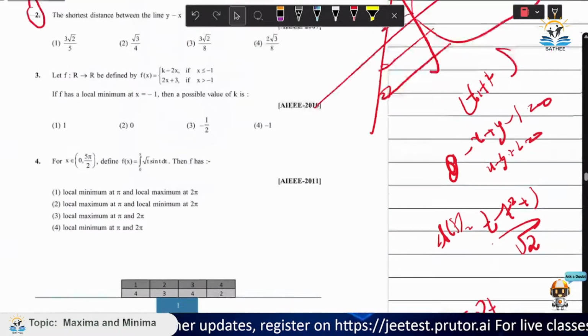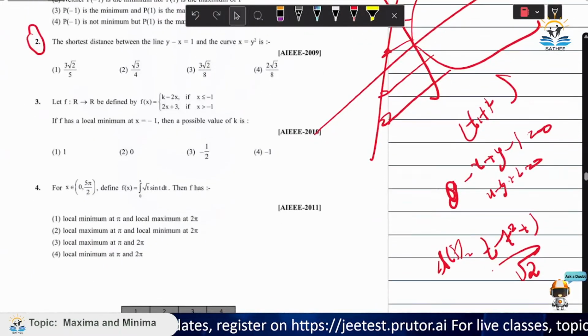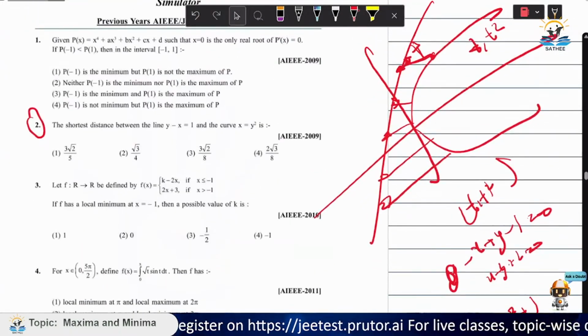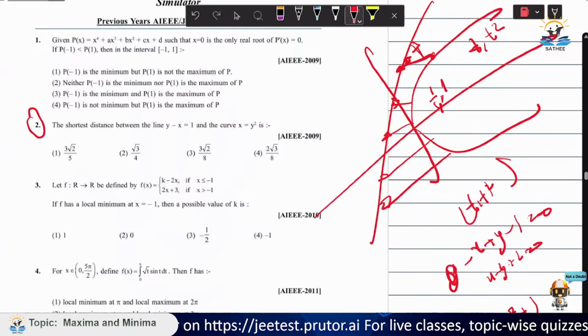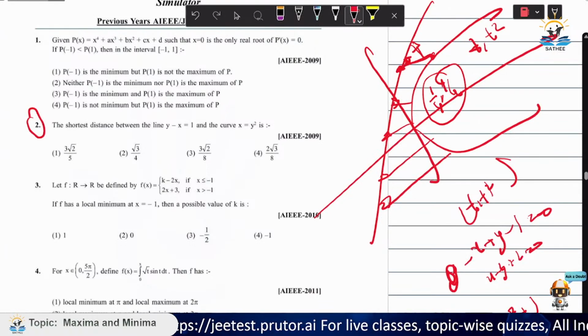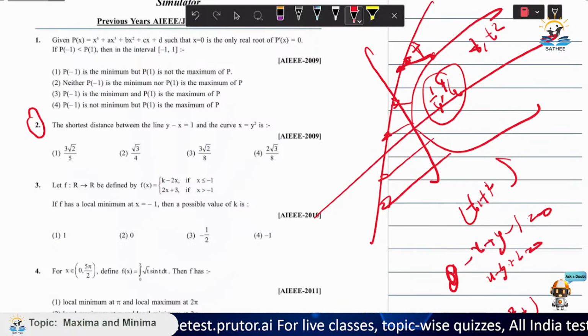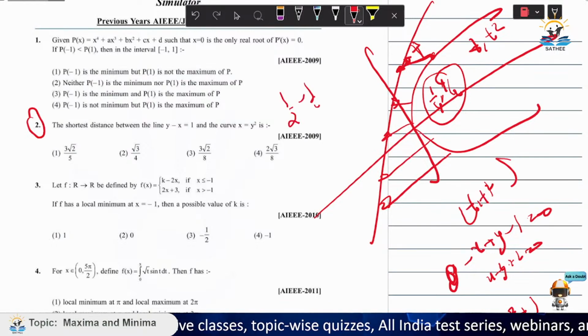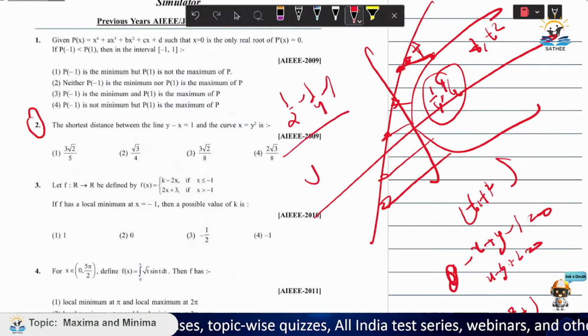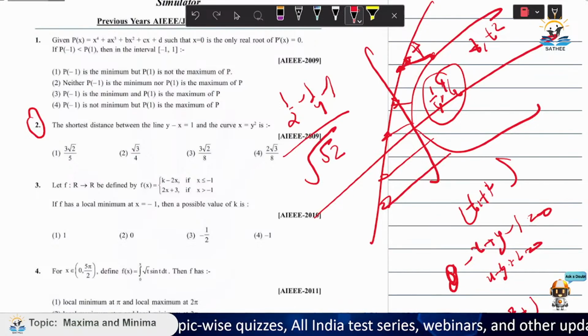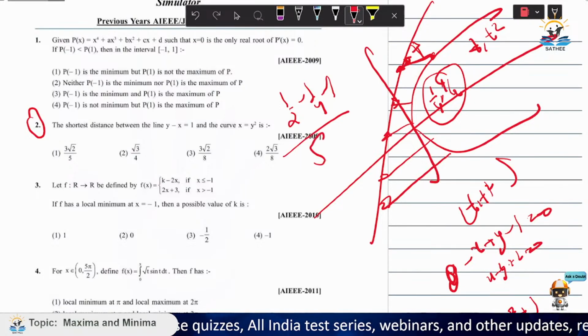Yeah, that was really easy, guys. So in the solution that we were taking up, we already knew that the point was 1 by 4 comma 1 by 2. And we have to find the perpendicular distance from this line. So we can simply apply the formula here. We write 1 by 2 minus 1 by 4 plus 1 over root 2.